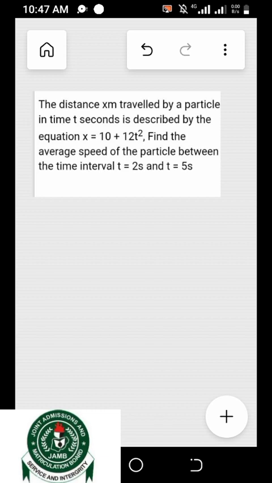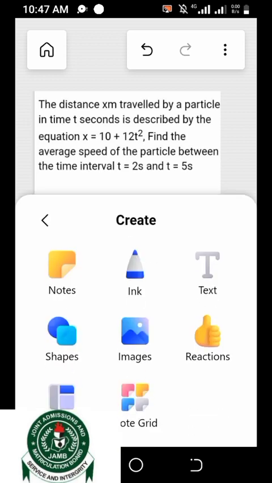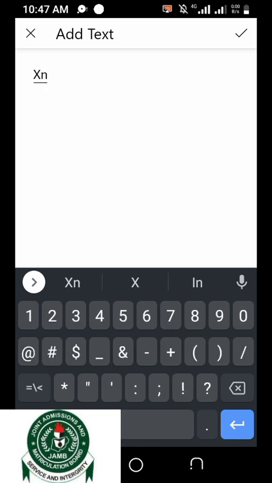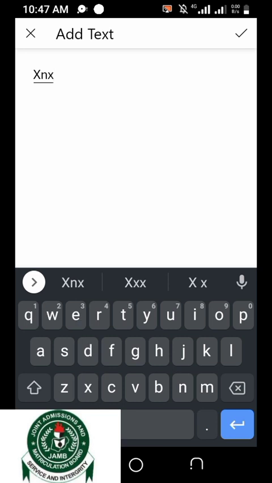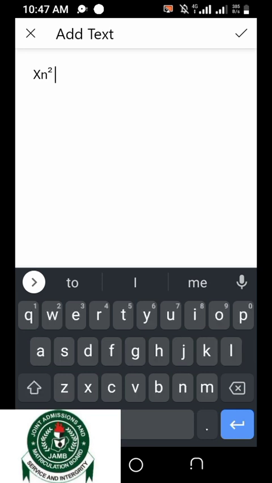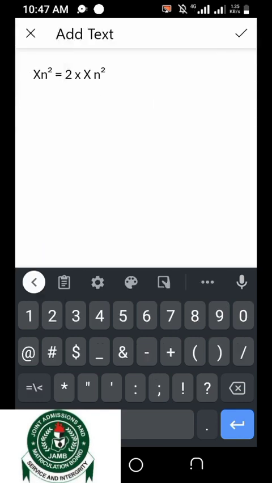When you are differentiating, if you have x raised to the power of, let's say, 2, when you differentiate this kind of equation, it will be equal to 2 times x raised to the power of 2 minus 1.